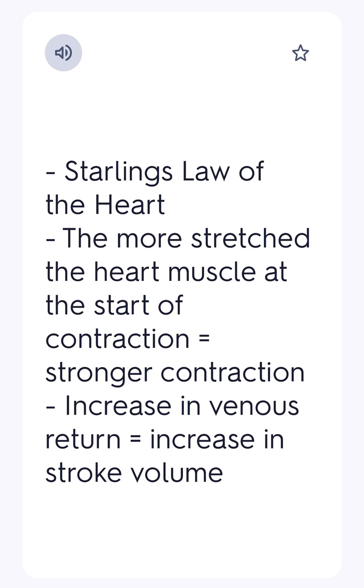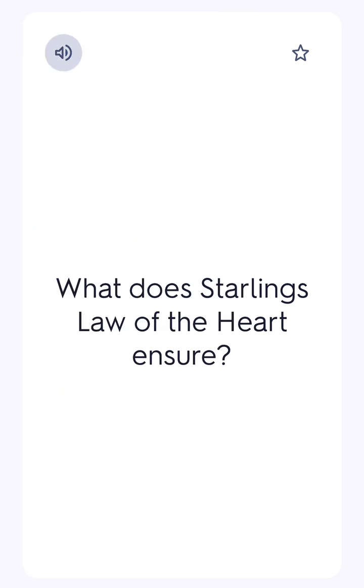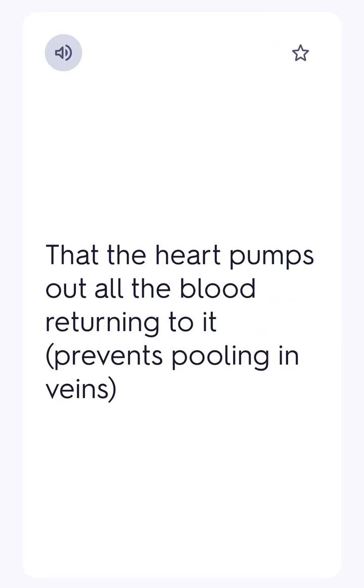Starling's law of the heart: the more stretched the heart muscle at the start of contraction, the stronger the contraction; an increase in venous return equals an increase in stroke volume. What does Starling's law of the heart ensure? That the heart pumps out all the blood returning to it.